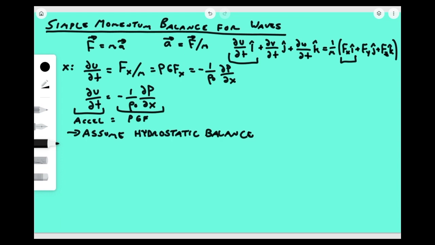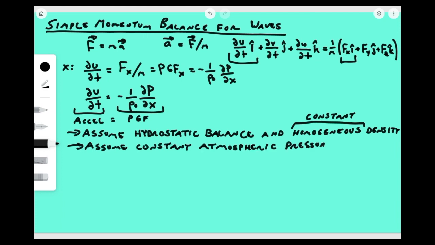I'm going to assume hydrostatic balance. That way I can rewrite dp dx in terms of its contributions. And I'll assume homogeneity. That's another way of saying constant density. And I'll also assume constant atmospheric pressure.